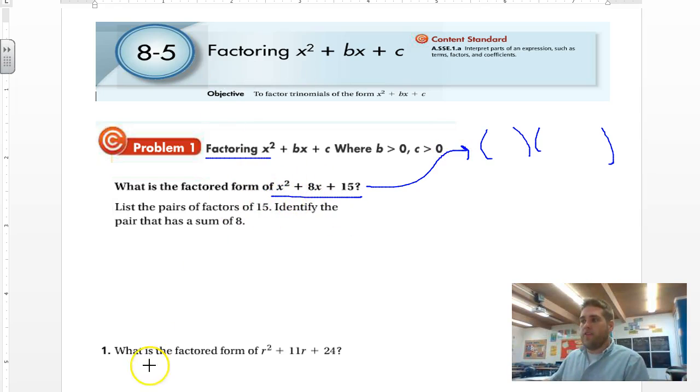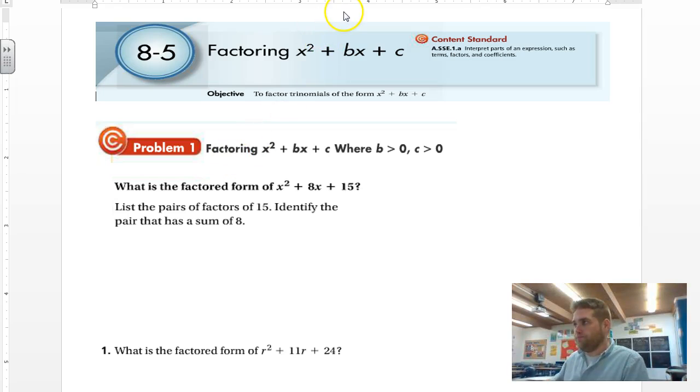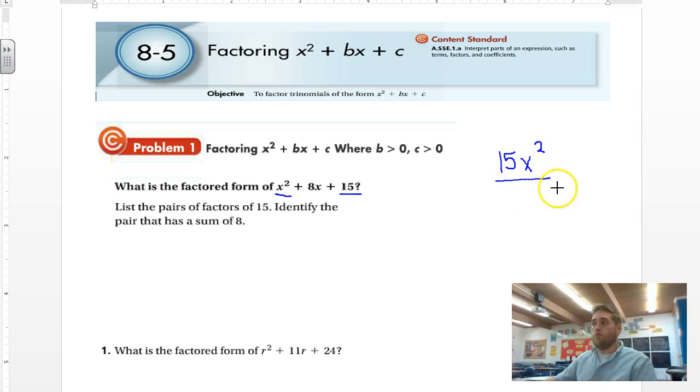So what we want to do is take our first term, x squared, times our last term, which is 15. So 15 times x squared gives me 15x squared. I do that over to the side because I'm going to need room for later.